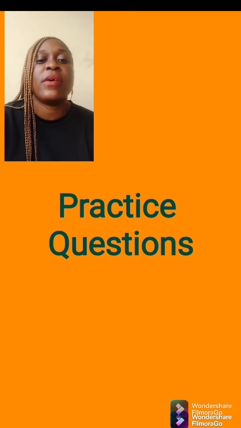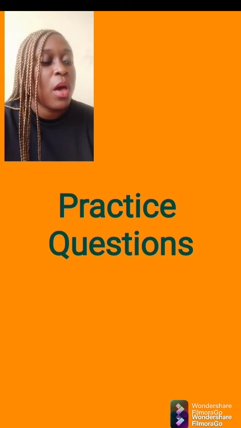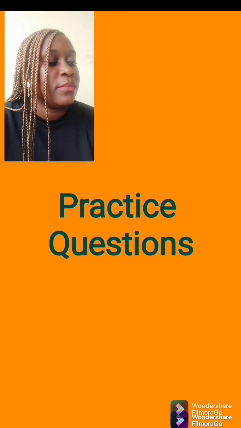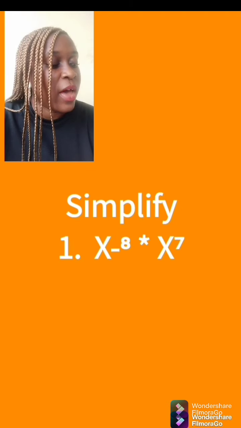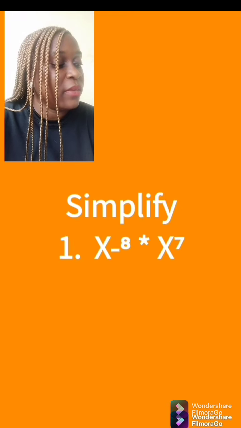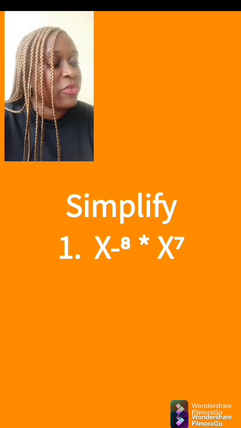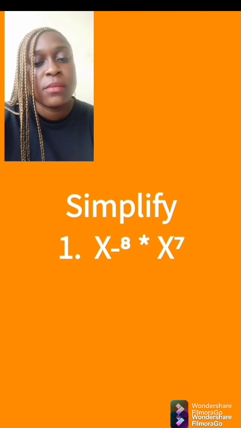So I'm going to give you an assignment right now. I want you to solve this problem. Simplify x raised to power minus 8 times x raised to power 7.